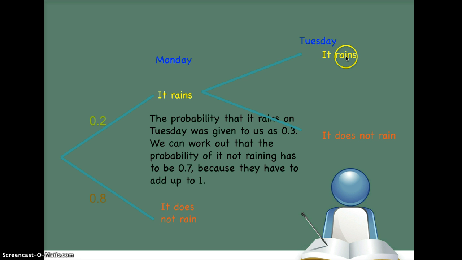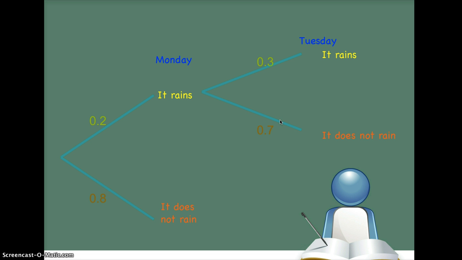If the probability of raining is 30%, then the probability that it's not going to rain is 70%. In the same way, down here, we're just going to repeat this same branch. So 30% if it rains and 70% if it doesn't rain.